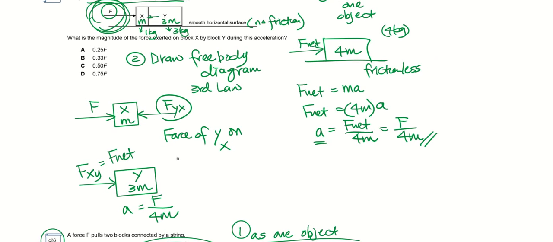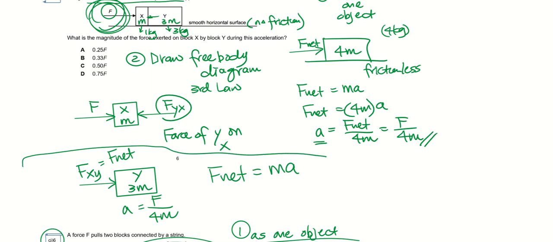Okay, so whenever there's acceleration, there's going to be F net. So I do F net equals ma, and I'm using y first because there's only one force, which is from x to y, and this is y's F net. So Fxy equals mass, in this case for y it is 3m, times his acceleration, F over 4m.